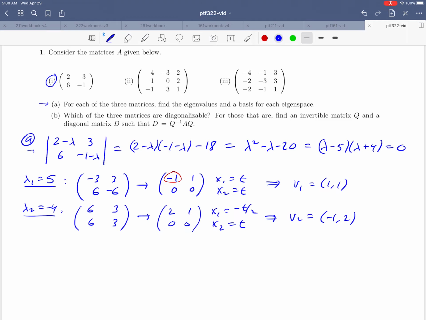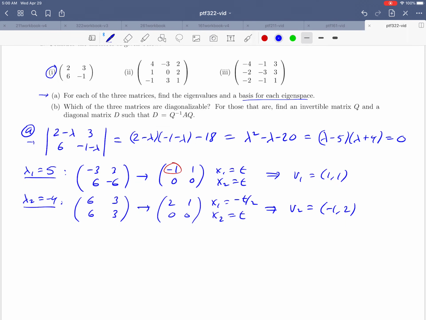Let's see, what did they ask us for? We found eigenvalues, eigenvectors, and now we want a basis for each eigenspace. So we can maybe make a little table here.